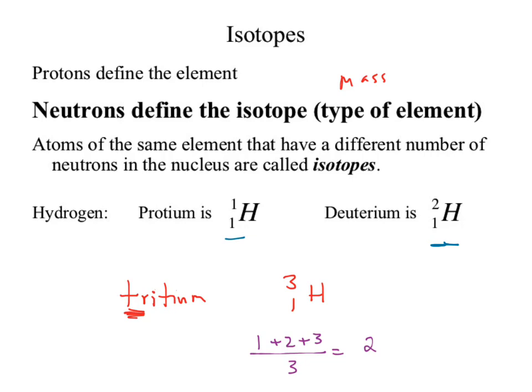According to our periodic table, is that true? No. It turns out that protium makes up by far the largest amount of our sample of hydrogen, roughly 99% of all hydrogen. So what we're looking at is effectively a weighted average.